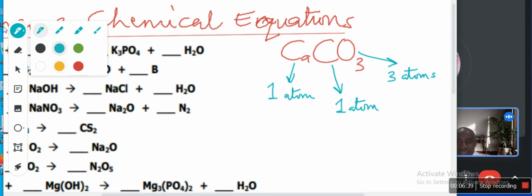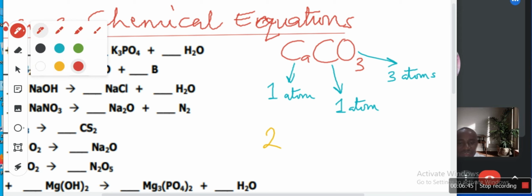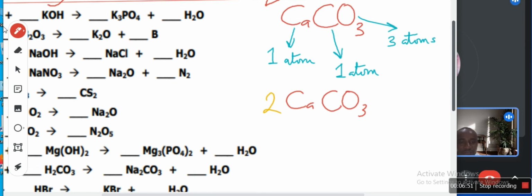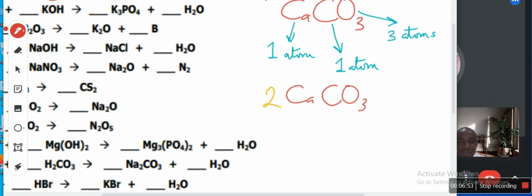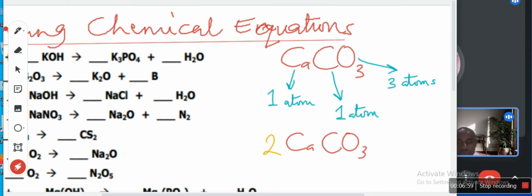Now, if I write 2 in front of CaCO3, how many atoms altogether do you have? It was 5 when nothing was written on this side. You know, this side tells you the number of moles.